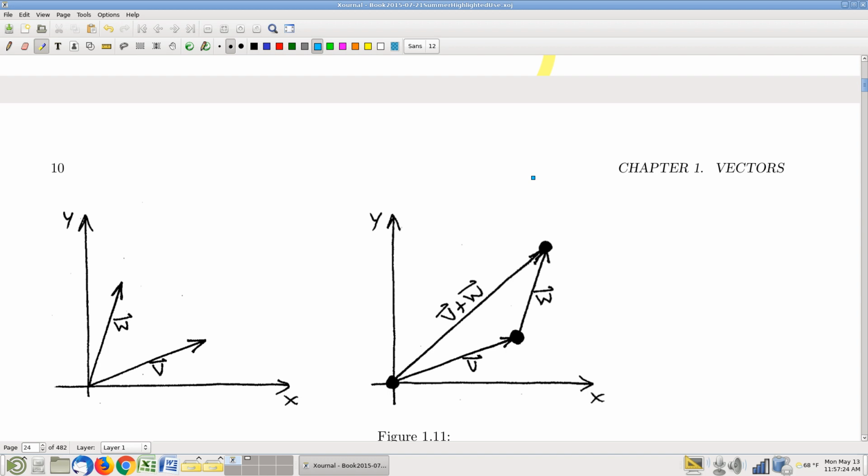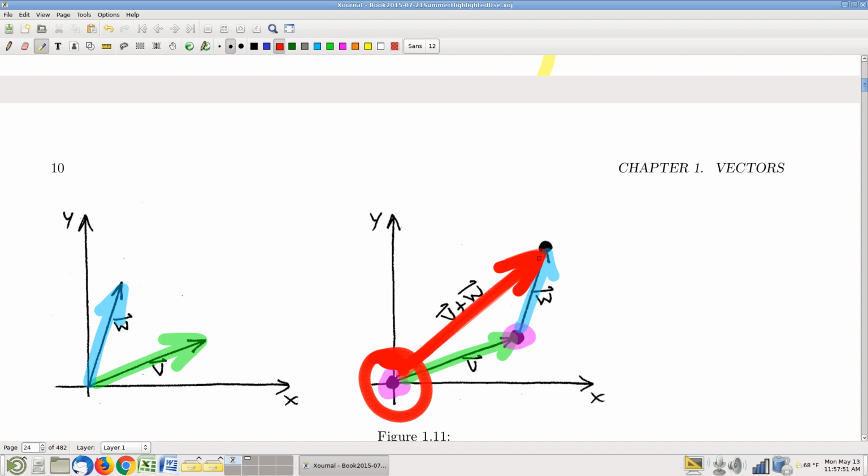And the answer is, when you start at this location and displace as indicated by that vector, that gets you to there. And having done that, if you then displace as indicated by that vector, that gets you to there. And grand total, you started here, you ended there. Grand total, you've displaced by that vector.